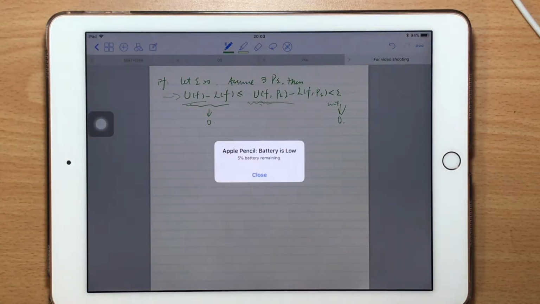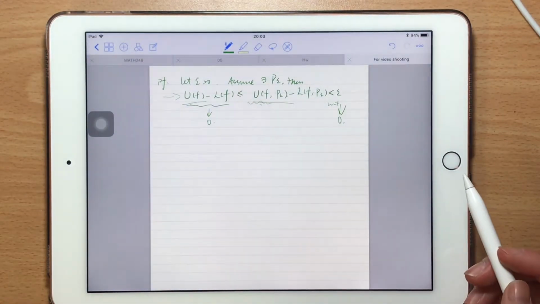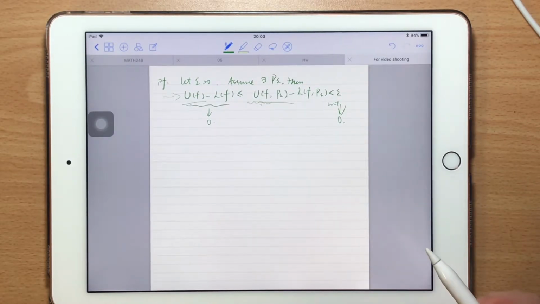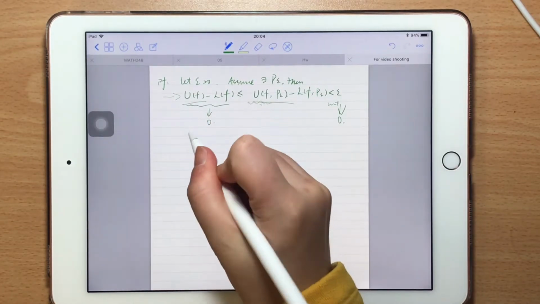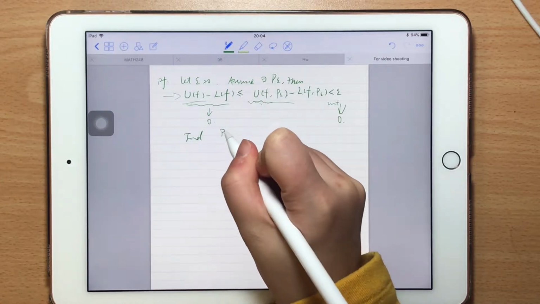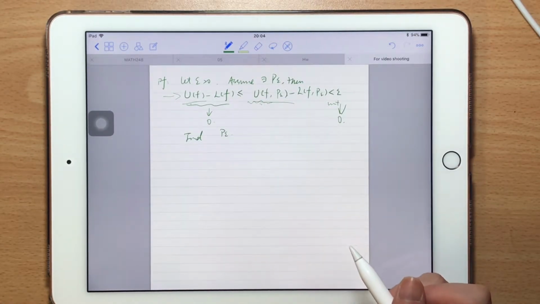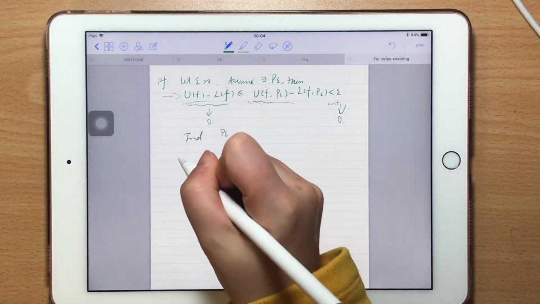And since we wanna show that it's integrable, and we want to show there exists a partition P epsilon, the task is to find P epsilon, right? So P epsilon is not coming from nowhere.